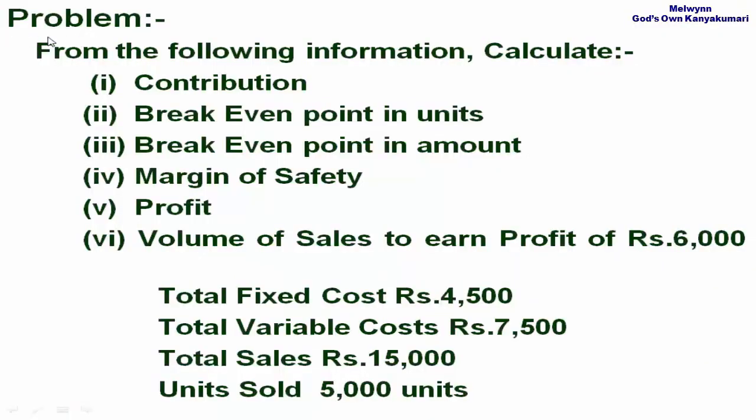Now we can see the problem related to break-even analysis. From the following information, calculate first contribution, second break-even point in units, third break-even point in amount, fourth one margin of safety, fifth one profit, sixth one volume of sales to earn profit of rupees 6,000.